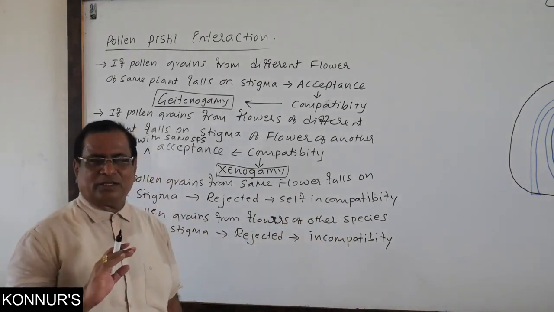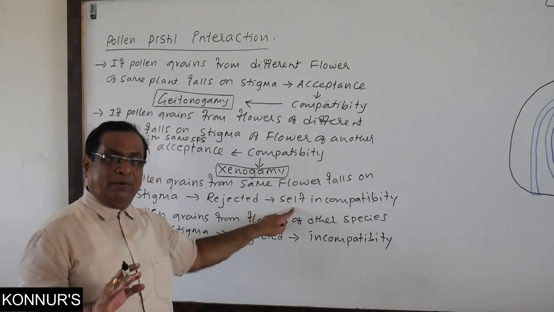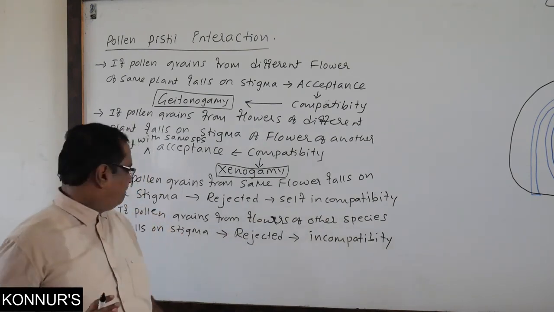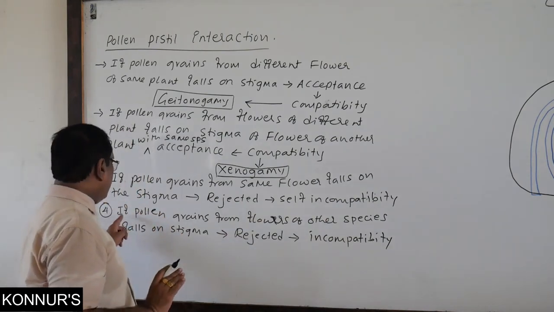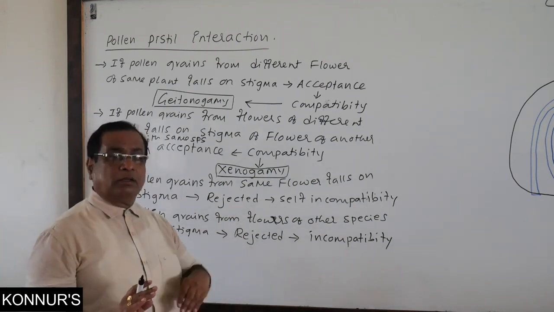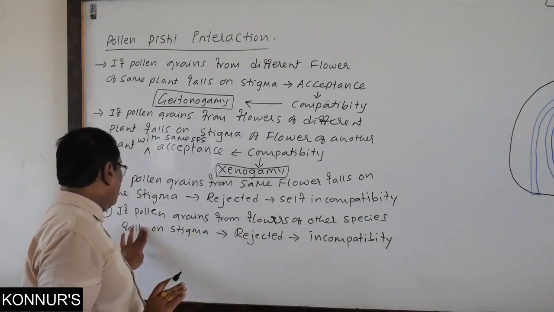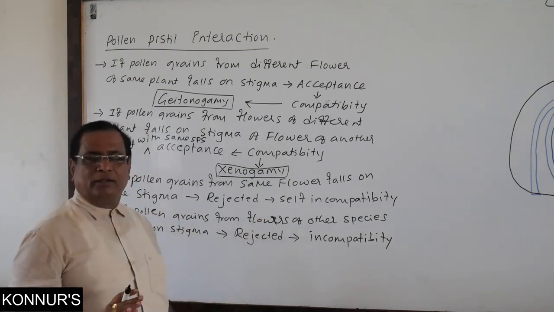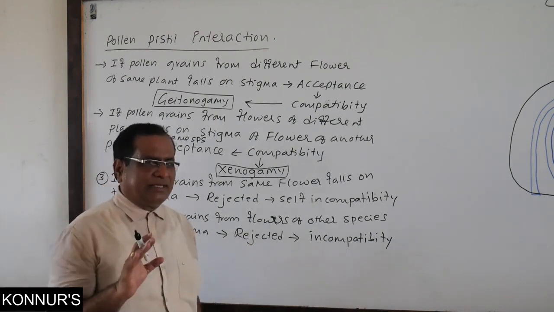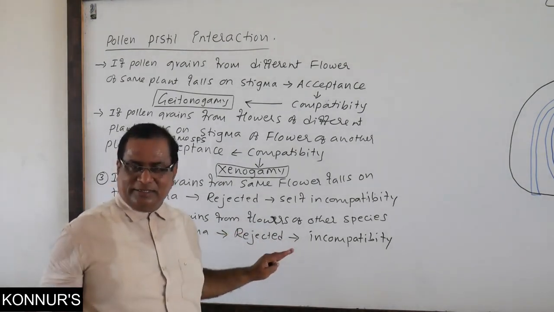It rejects the pollen grains and it prevents self-pollination, inbreeding. And if pollen grains from flowers of other species fall on the stigma, these are also rejected. Why are they rejected? They are from a different species.